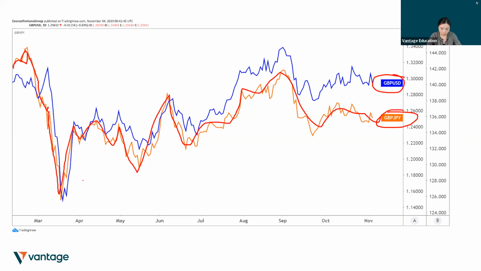Now, let me see whether I have an example. So sometimes the charts might be moving in a positive manner like this. So this has a very strong positive correlation. Let me highlight, there is -1, 0 to +1.